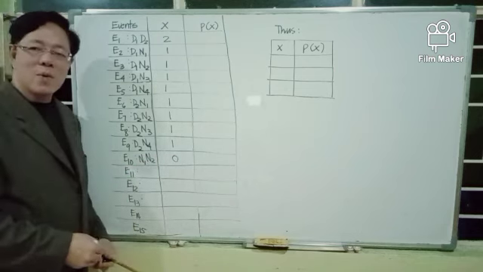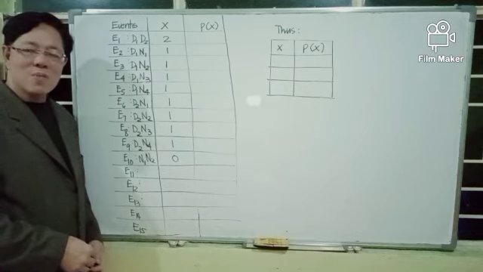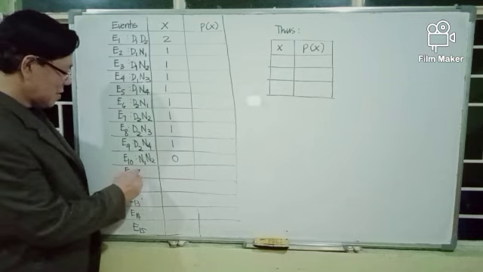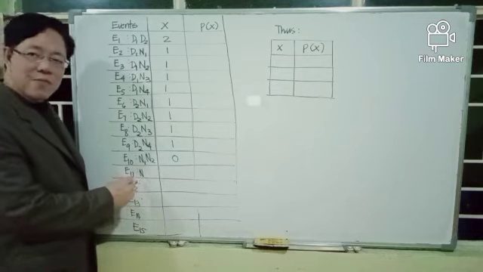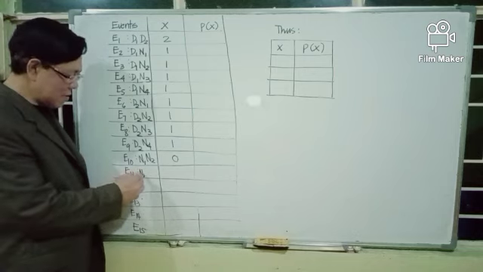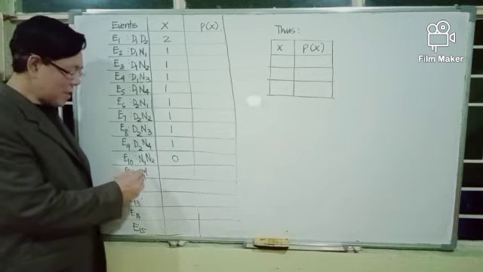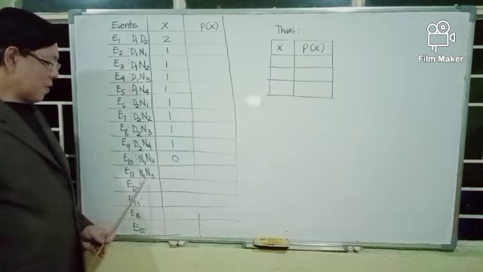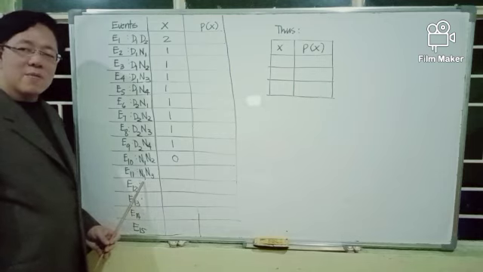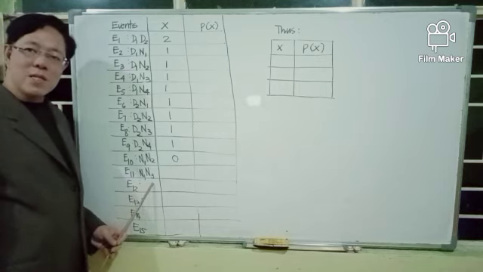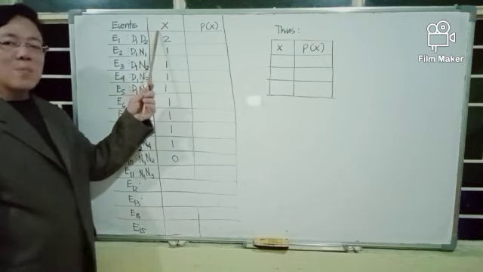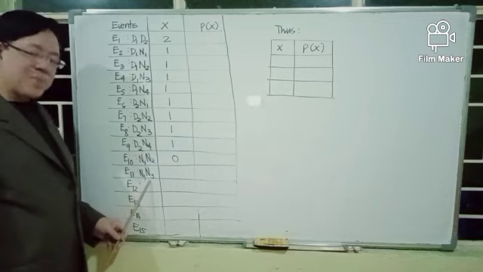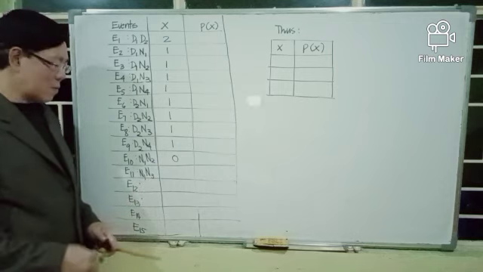Another possibility in which the customer selected two non-defective appliances is the first non-defective appliance and the third non-defective appliance. For this event, the value of the discrete random variable x representing the number of defective appliances is 0.